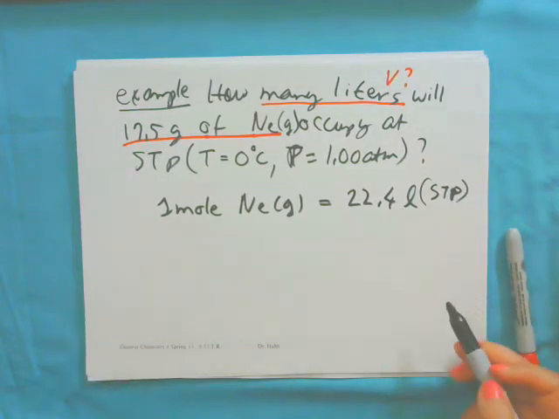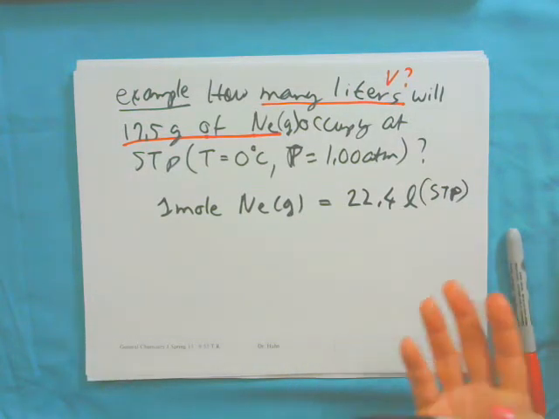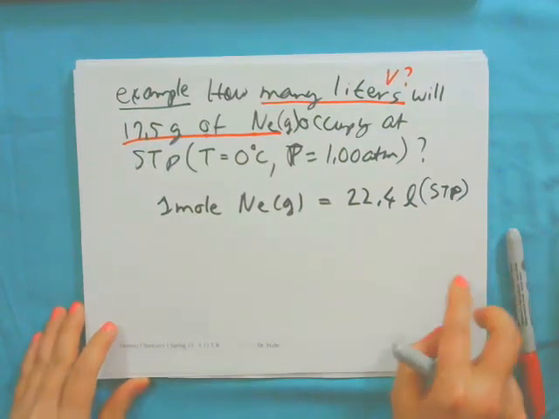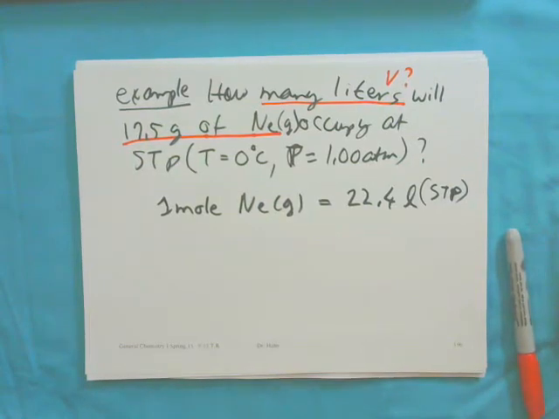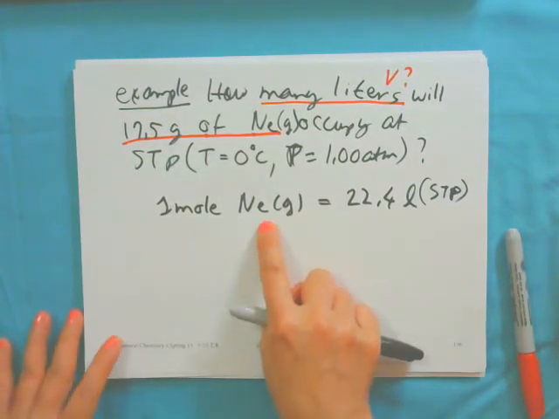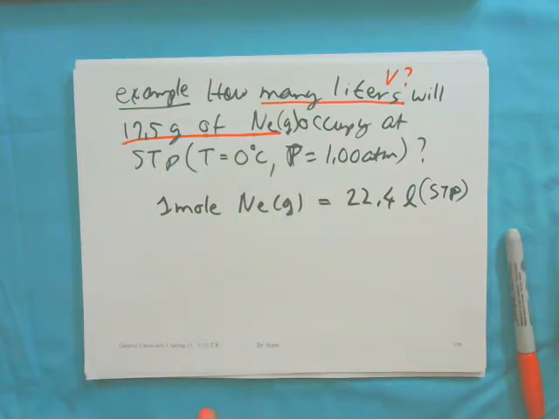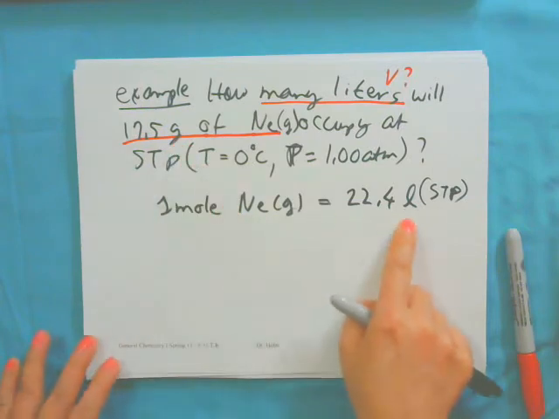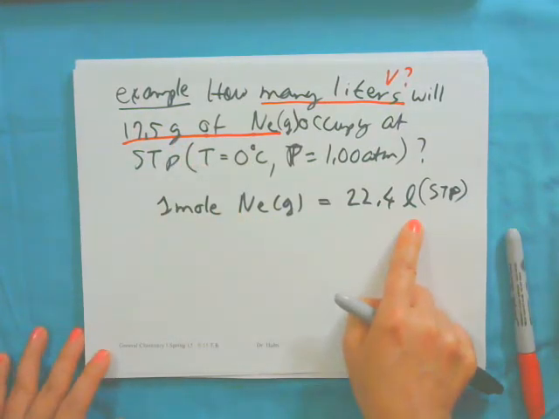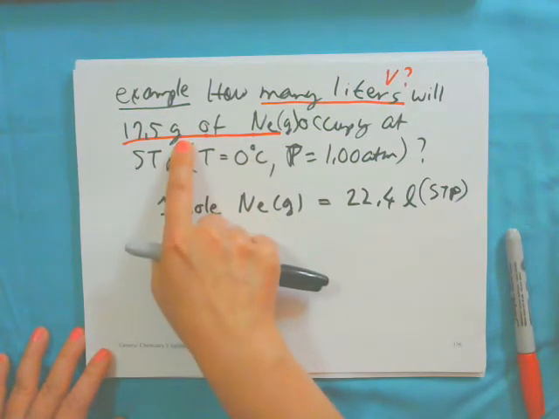I'll probably give you the number 22.4 somewhere on the exam once again, but you do have to recognize what to do with that number. At STP, you have 22.4 liters of any gas, and neon is a gas. That still doesn't relate my grams to my volume, because I only have moles and liters. It doesn't tell you anything about grams, and I have grams here.